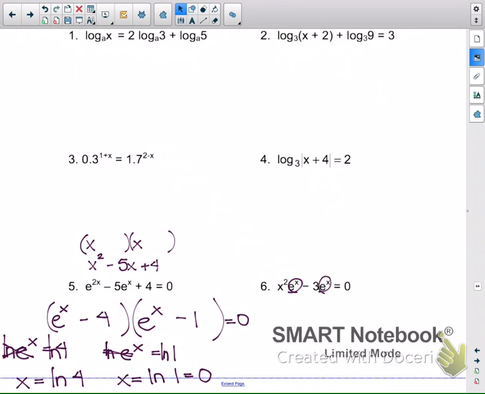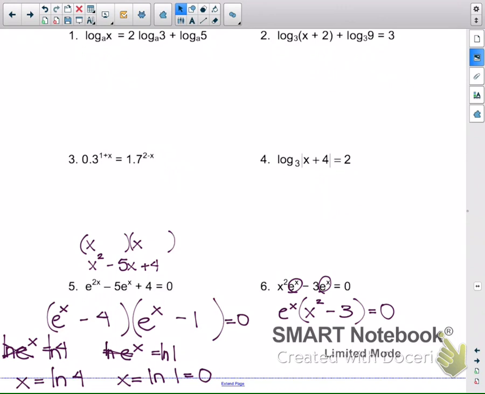If something is common to both terms, what can you do with it? Factor it out. These are just different ways of thinking about them that I figured we'd go over rather than throw things at you. If you take out an e to the x, what's left in the first term? X squared. And what's left in the second term? Minus 3.